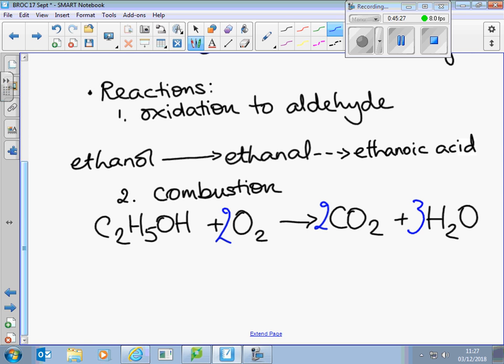How many oxygens? 2 there and 1 is 5. 2 there, sorry, 4 there and 3 is 7. So we need more oxygen on that side. What should we do? If we change that for a 3, are we all right now? Carbons were fine, hydrogens were okay, and we've now got 3 2s of 6 and an odd 1. We've got 2 2s of 4 and 3, 7 on each side.